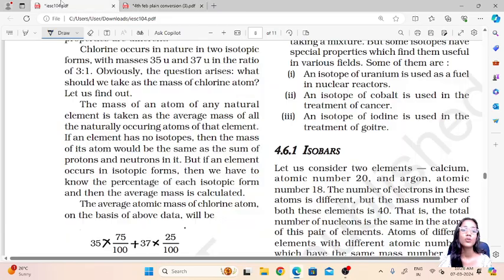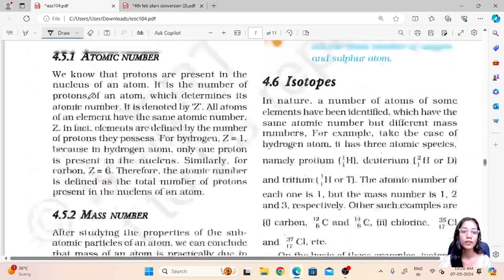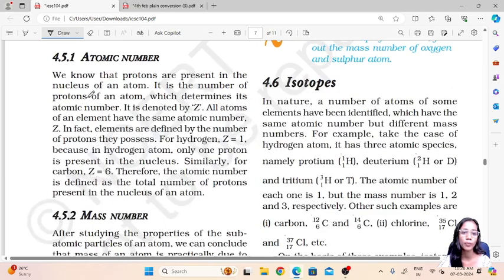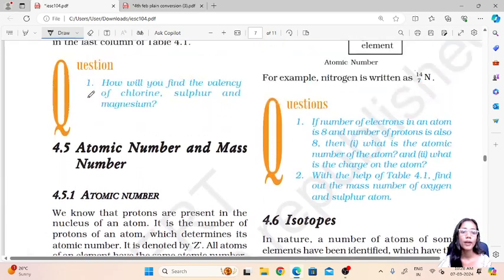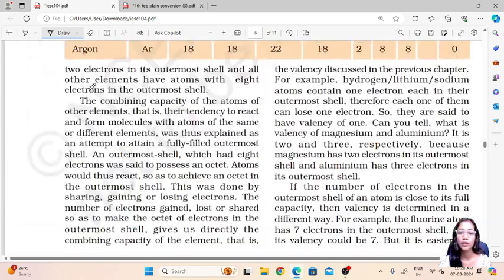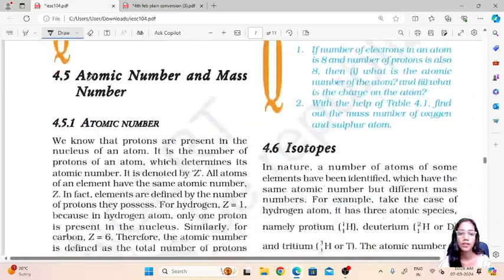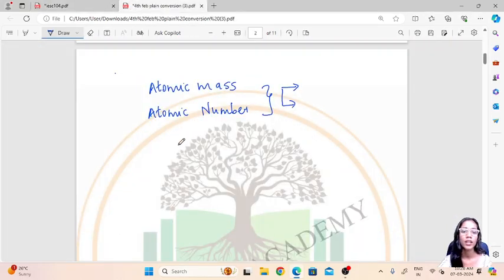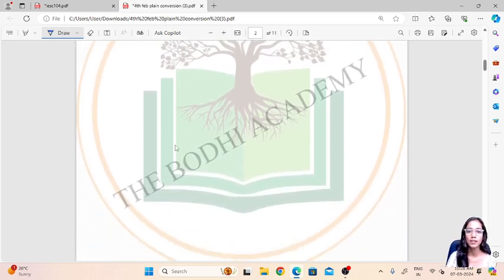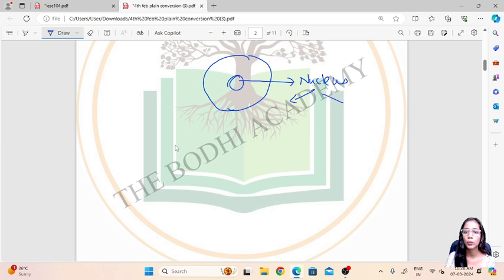So in the first we have to see what is atomic number. Now when we talk about atomic number, we have to remember that we studied what is there inside the atom. To revise, I will just mention what is there inside the atom. So we know that inside the atom, in the center there is the nucleus, and inside the nucleus we have two things.